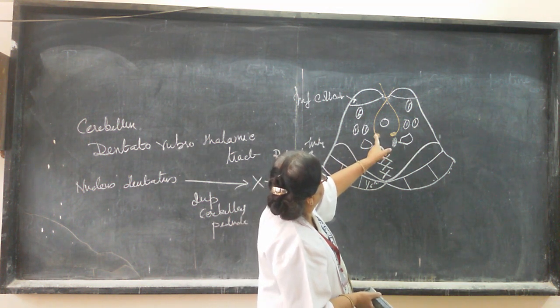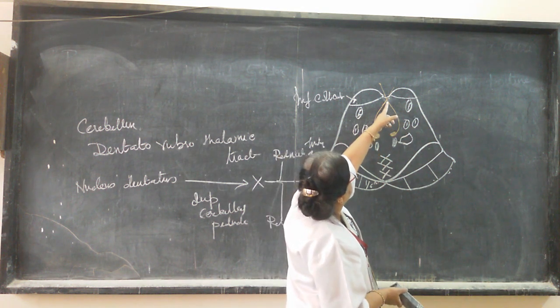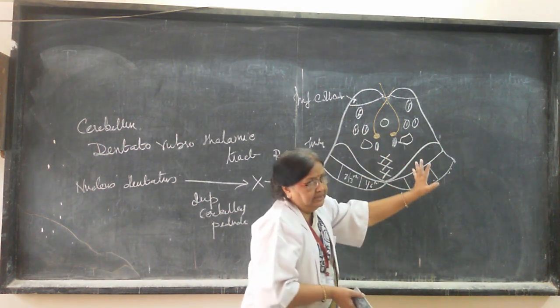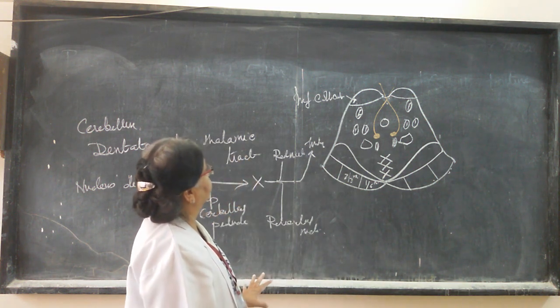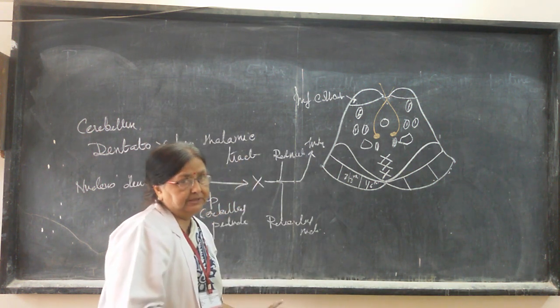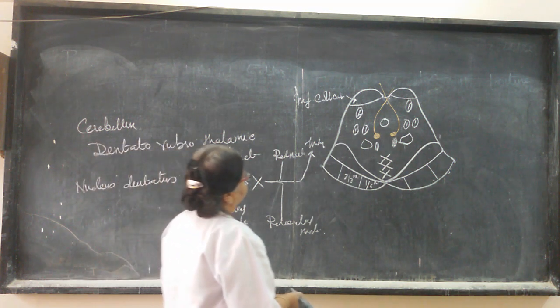The grey matter contains the fourth nerve nucleus, and these are the fibers of fourth nerve which go dorsally, cross the median plane and emerge on the surface by piercing the upper part of the superior medullary velum.